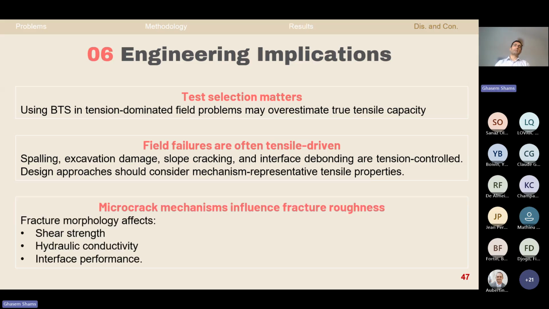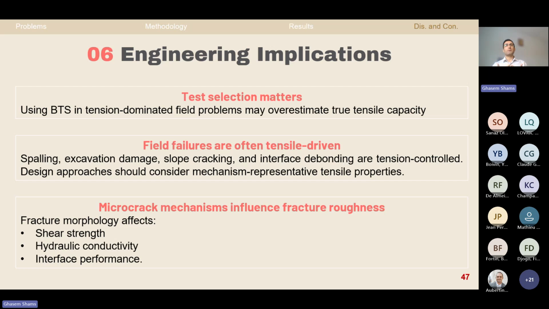And the microcrack mechanism influences fracture roughness. A higher contribution of tensile microcracks produces rougher surfaces, and fracture morphology affects shear strength after failure. If we can determine that the failure is a tensile failure, we can estimate the roughness.